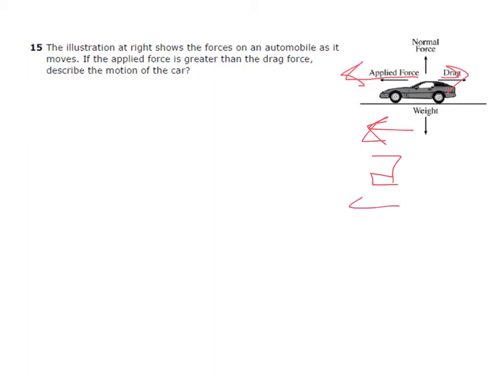So the acceleration is in this direction. If the drag force is greater than the applied force, then the car would be slowing down, assuming that it's already moving. Notice that the normal force and the gravitational force are the same, which means they cancel each other out, so there's no net force up or down.